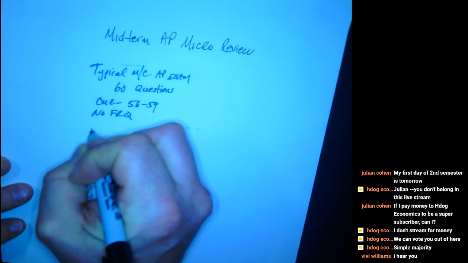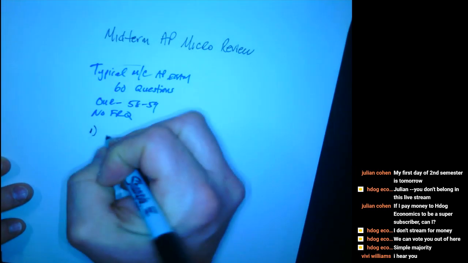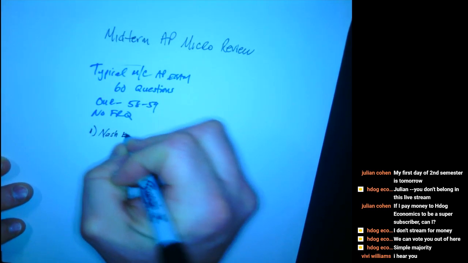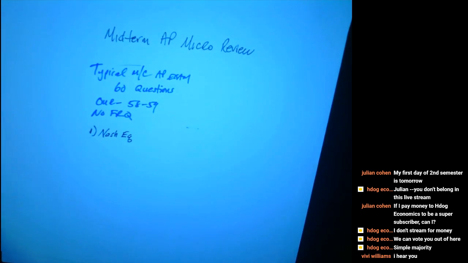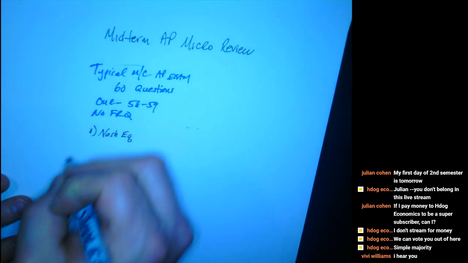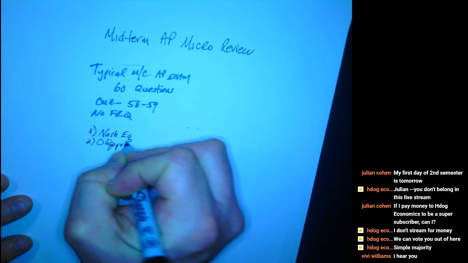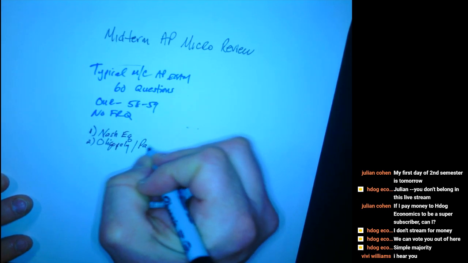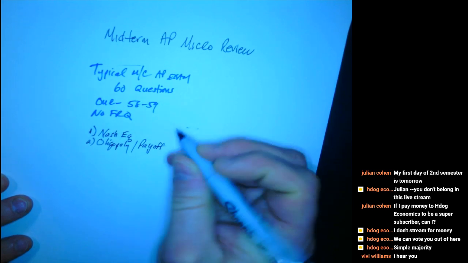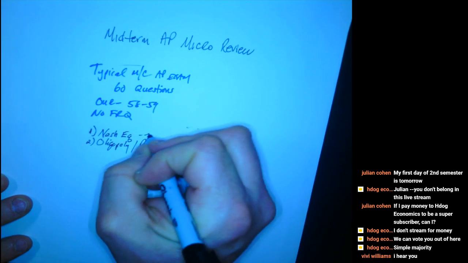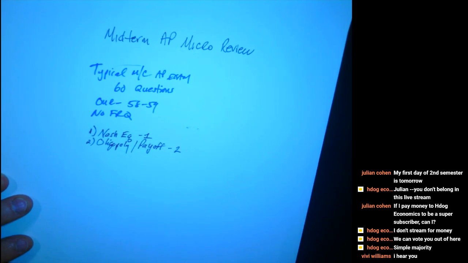Let me start off with the first one. Definitely know Nash equilibrium. That's important. And while we're on that topic, you have to know oligopoly and the payoff. There are 2 questions about that. There's one about Nash equilibrium.